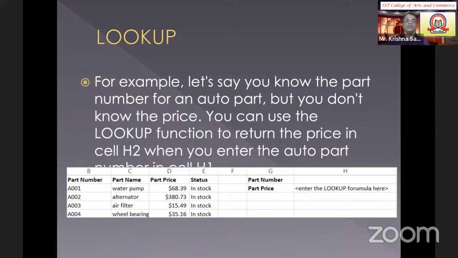So in this example, suppose you know the part number for an auto part, A002 or A003, and you want to know the price. In this case, you can use the lookup formula. See here in G1, there is part number.